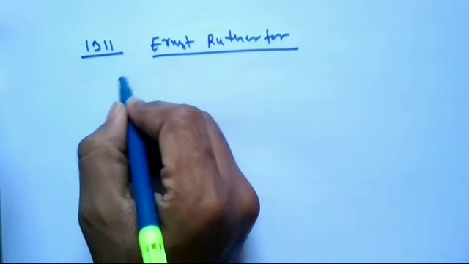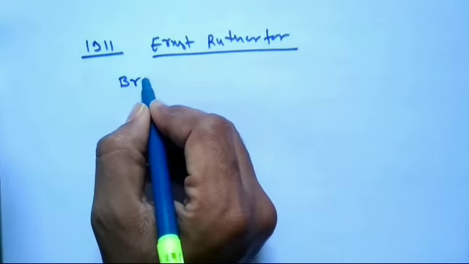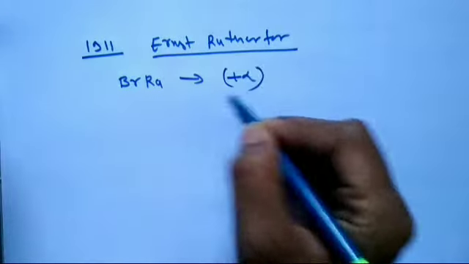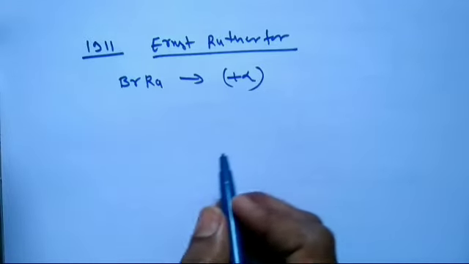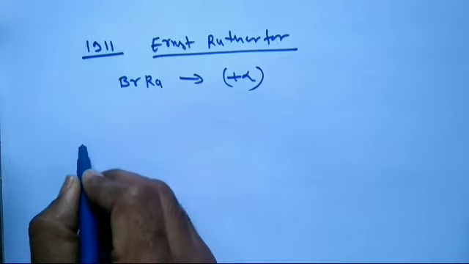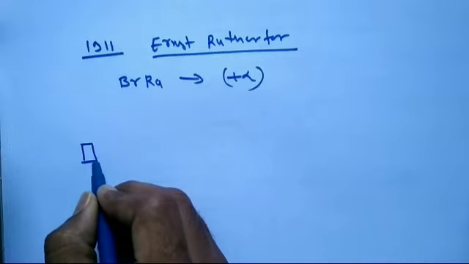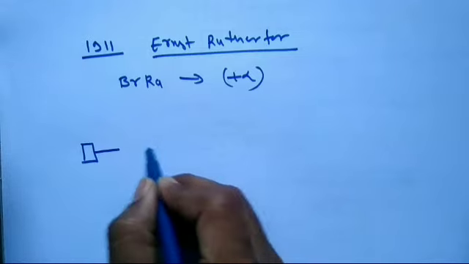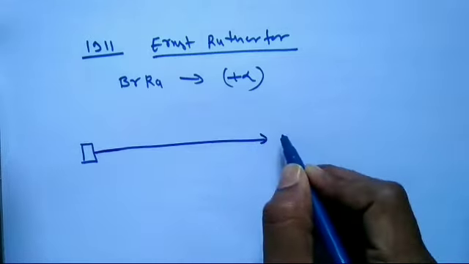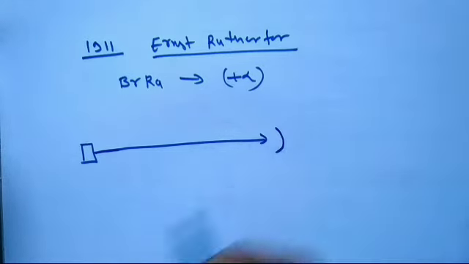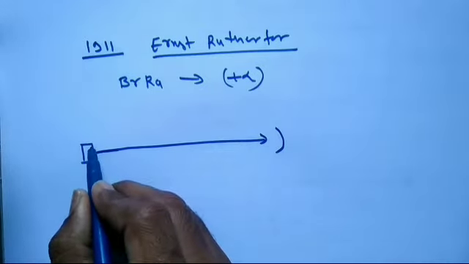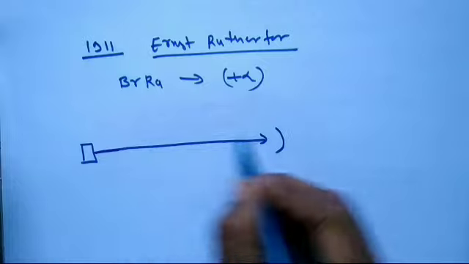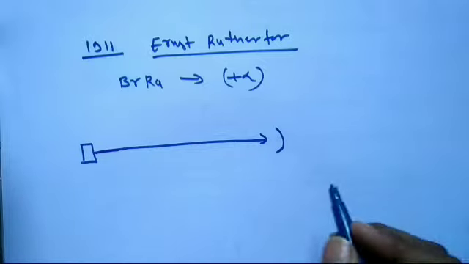He used radium boron, which is well known for emitting positively charged alpha particles. So he used this radium boron, which emits alpha particles like this, and he used a detector to detect how many alpha particles are emitted from the radium and boron and how many alpha particles are detected by the detector.